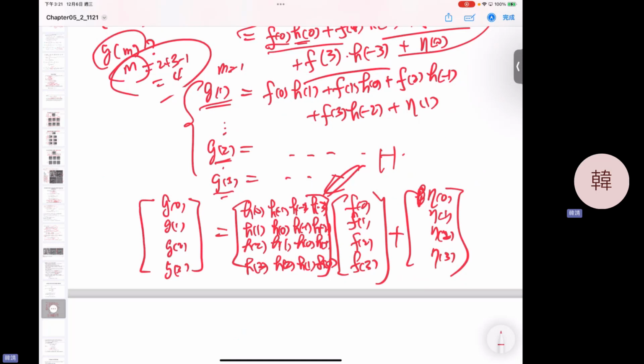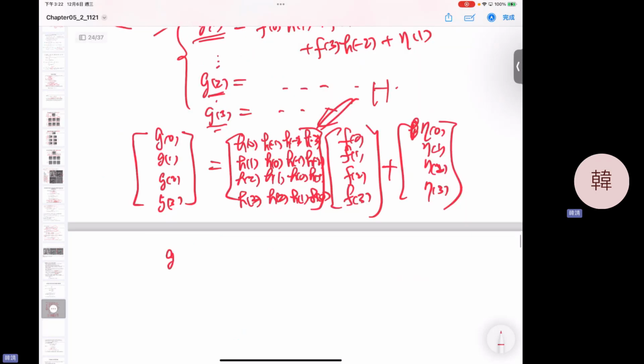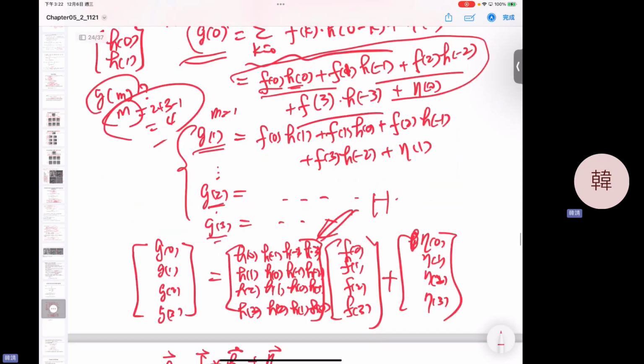So vector convolved with vector. Originally we have a G vector equal to F vector convolved with H vector plus eta vector, right? This is the traditional way you look at your signal. But for convolution, you just derive it step by step, and you can pop up all the definitions here.